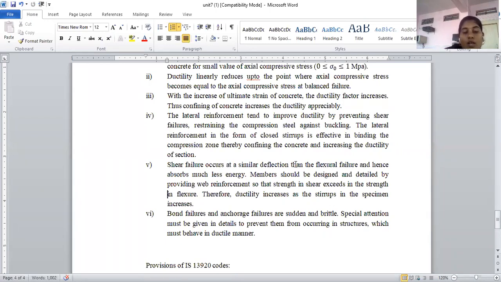So special attention must be given in detail to prevent them from occurring in the structure, which must behave in a ductile manner.